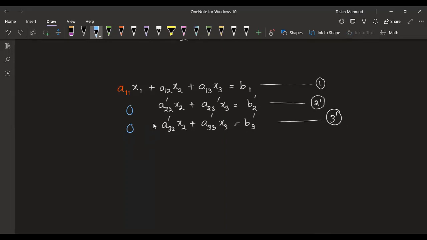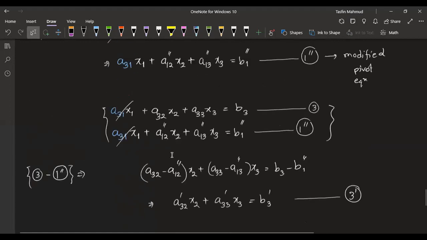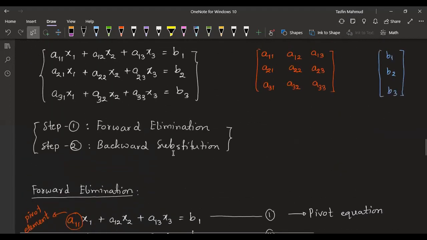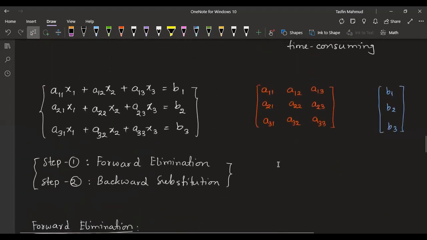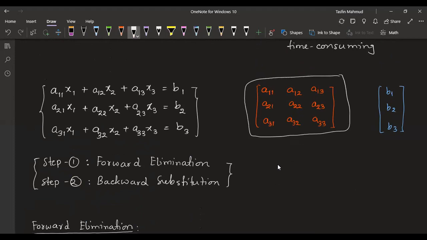Okay, we have to eliminate one more term because we want to make a matrix that looks like the upper triangular matrix. We will discuss the upper triangular matrix. So by performing forward elimination, we want to make a matrix that looks like this. Initially we had this, and after the forward elimination step we expect to have this type of thing.